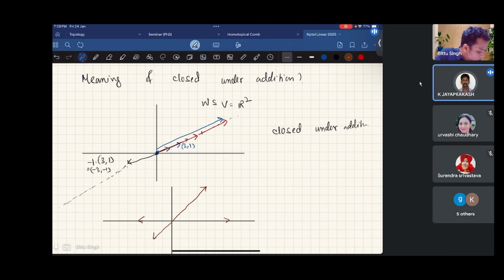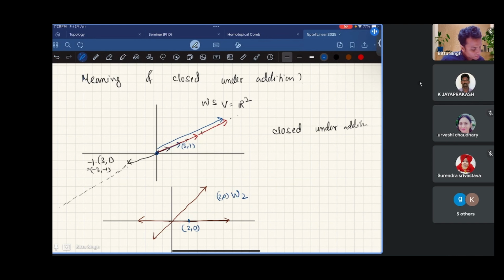Now can you check if it is closed under addition or not? We are renaming it W2. 2, 0 belongs to W2, and similarly 1, 1 also belongs to W2.